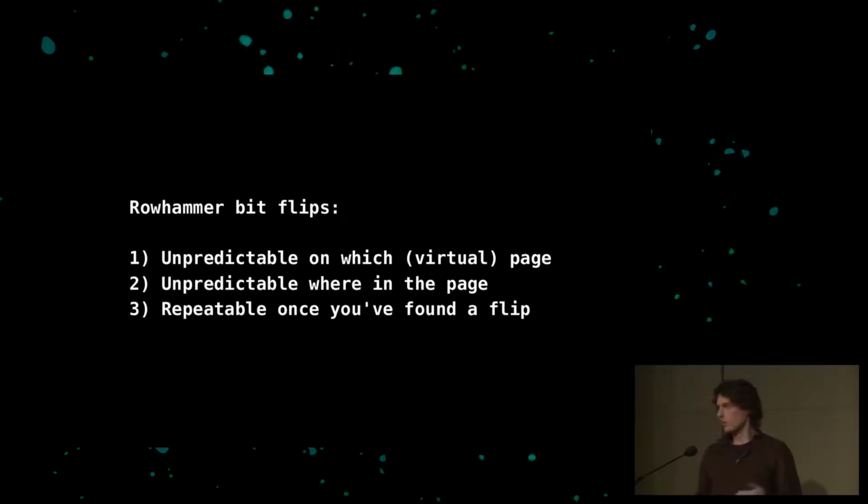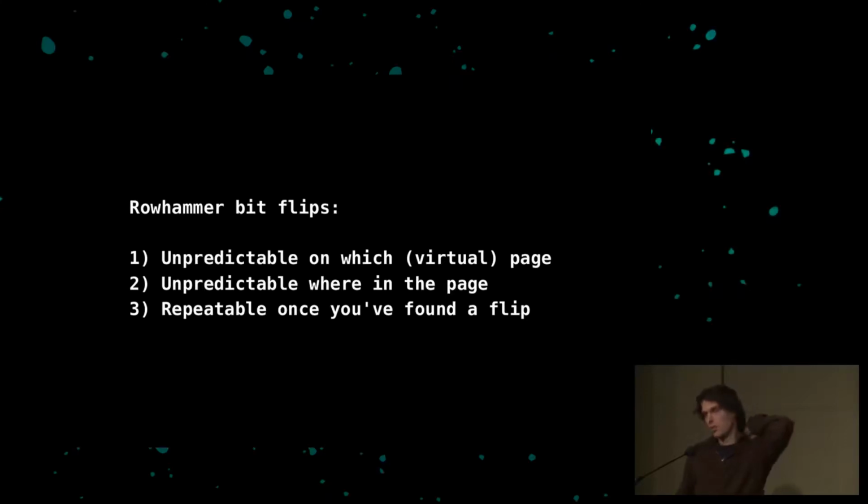So you have a problem of getting the right data into the right location for you to exploit. It's unpredictable in which physical page the flip will happen, and it's unpredictable in which location in this page it might happen. Flip feng shui can solve the first part for you.